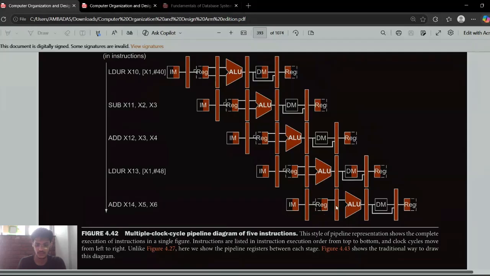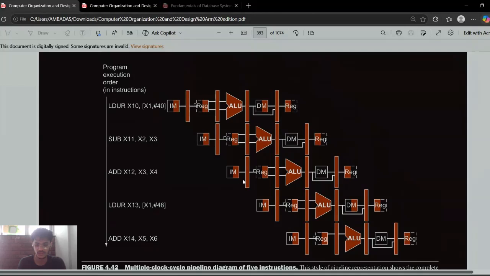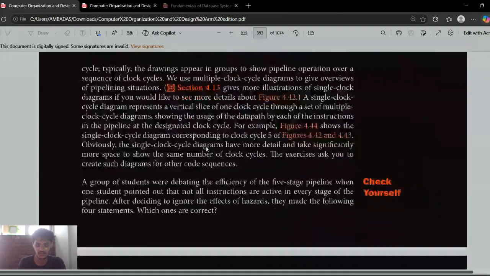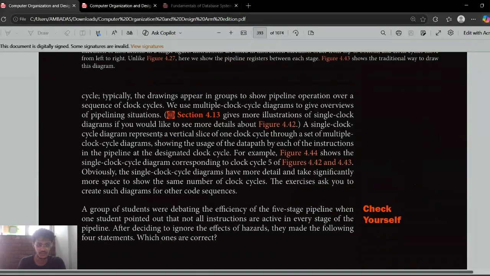You guys can go through the text once, it will be more clear to you. As these instructions are not dependent on each other, we don't see any stalls in here. Stalls are nothing but the bubbles which they have described in the previous topics. We'll come to it later on.